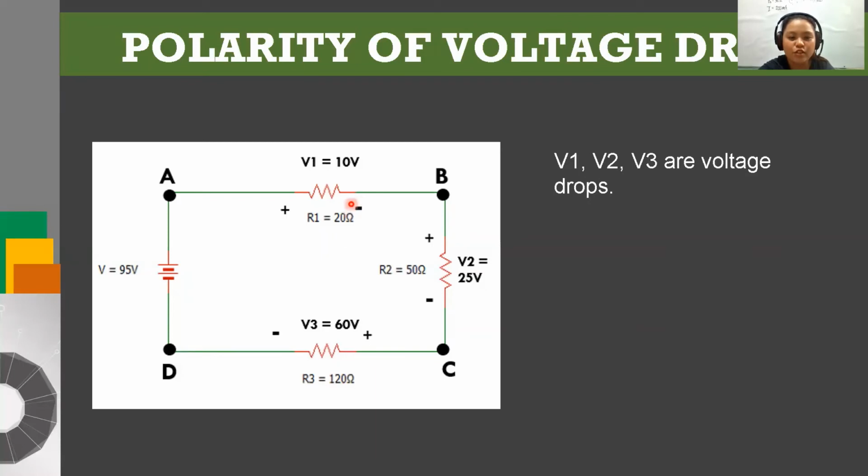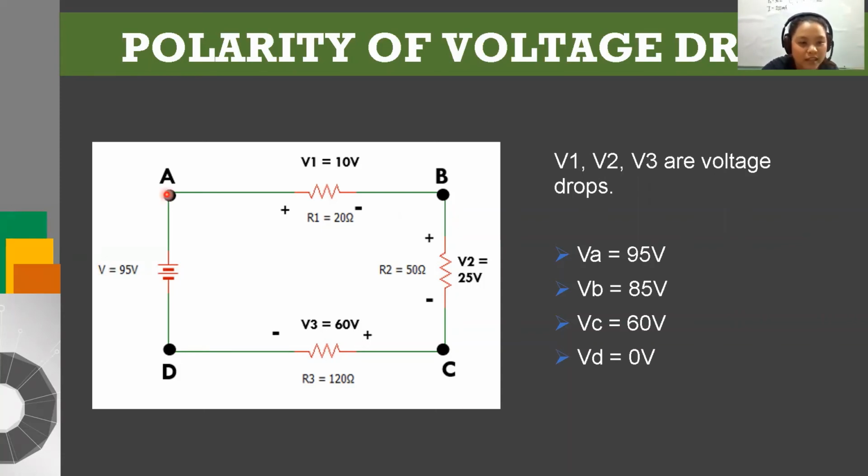So we have here the voltage 1, voltage 2, and voltage 3. The voltage drops of the loads here in the circuit. And then we have here the voltage applied, or the applied voltage is 95 volts. And the voltage drop in B is 85 volts, and the voltage in C is 60 volts, while the voltage drop in D is 0 volts.